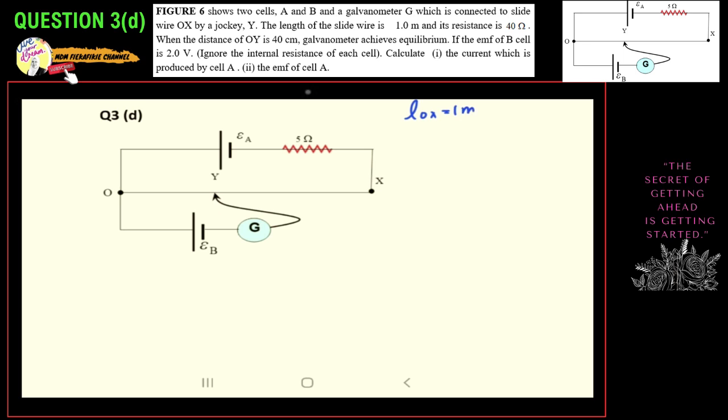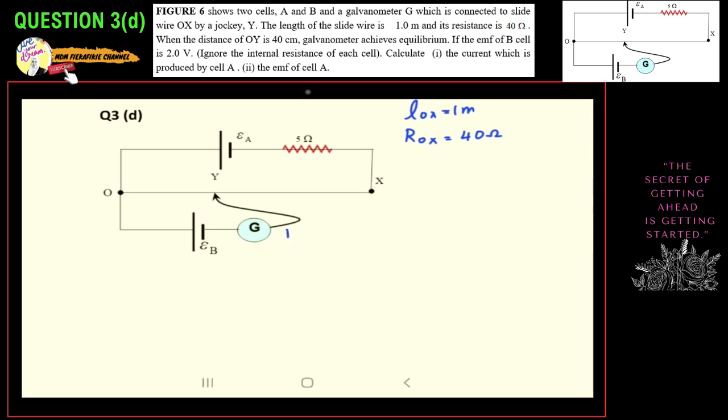Dia dah kata the length of the slide wire is 1 meter and its resistance is 40 ohm. So saya tulis dulu siap-siap, ROX is 40 ohm. Next, when the distance of OY, so when you get the jockey at Y, when the distance of OY is 40 centimeter, the galvanometer achieves equilibrium.